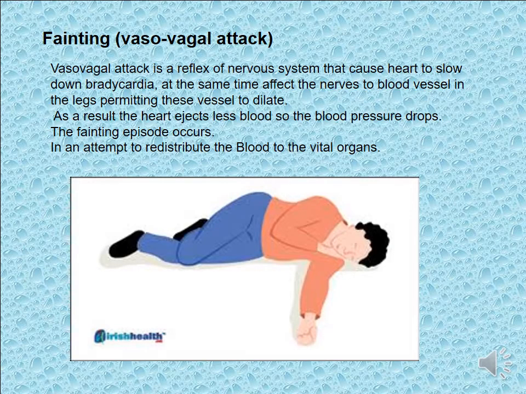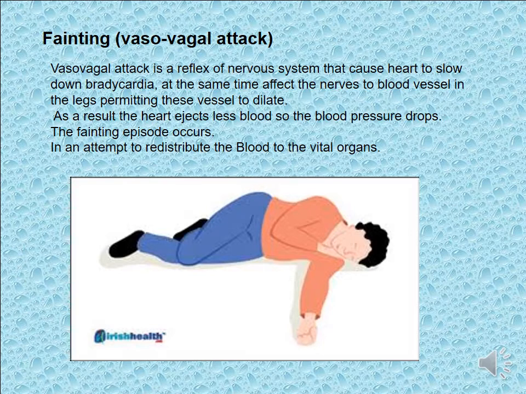Now, after finishing the local complications, we go to the other category, systemic complications. The first systemic complication, and the most common complication occurring in dentistry, is fainting, another term being vasovagal attack.